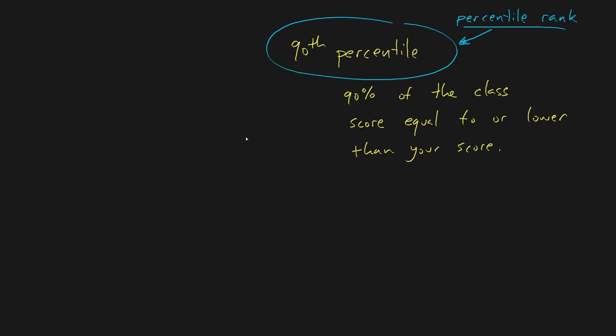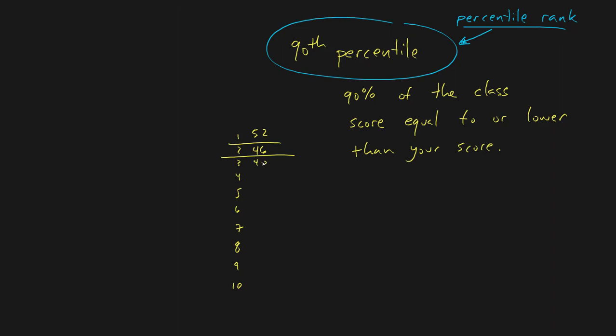Well, let's take 10 students from the class. And maybe the top mark was barely a pass. It was a 52. And your score, let's say you failed, you got a 46. Well, as long as the other ones are lower, you're in the 90th percentile.